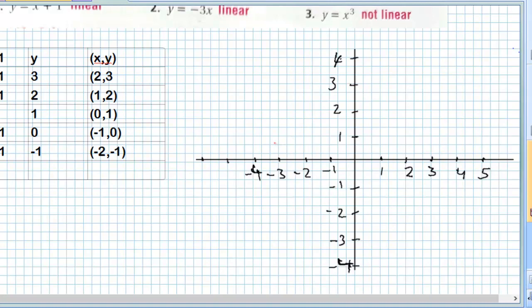Our first point is 2 and 3, so I will go for 2 and then go up for 3. So here is our first point.